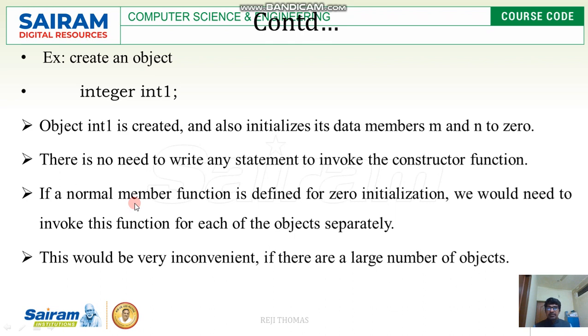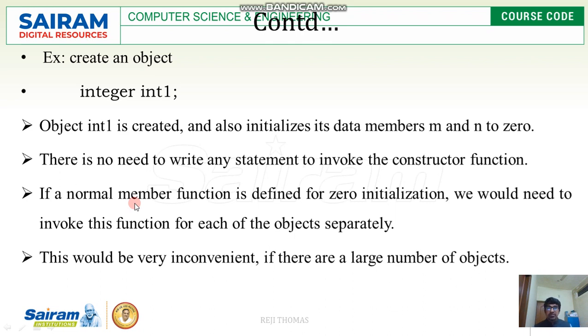This is going to be very inconvenient if you have hundreds of objects, and for every object you need to initialize the data members, and think that there are more data members, which is going to be very tiresome. This would be very inconvenient if there are a large number of objects and data members.